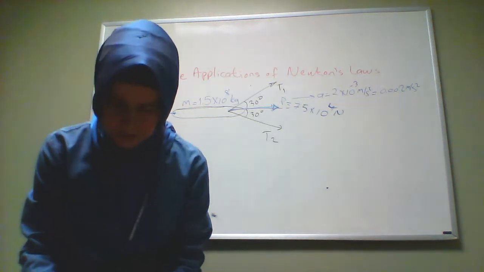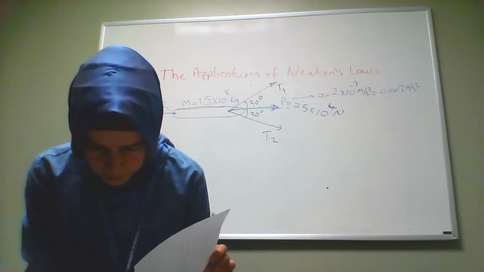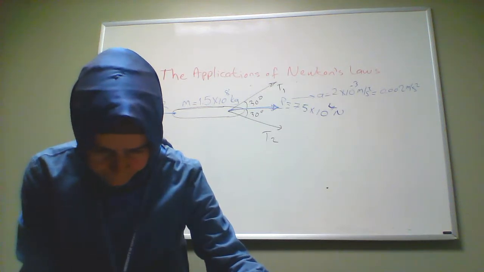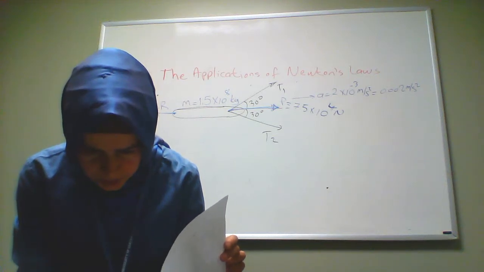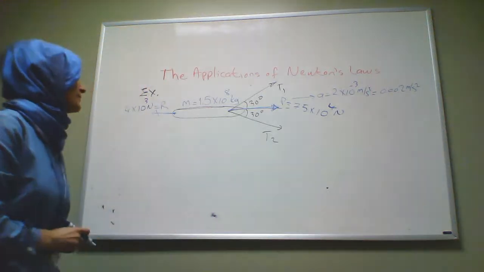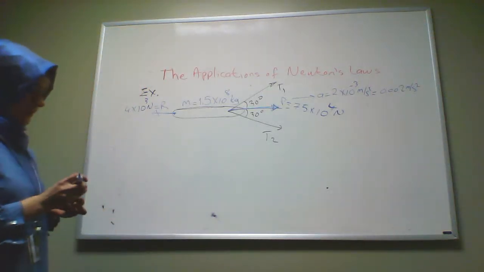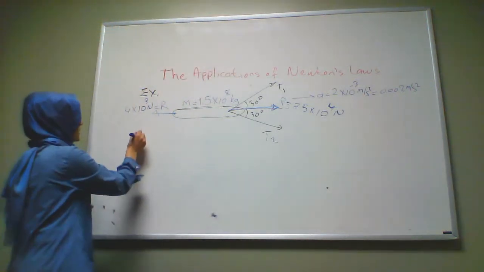Actually, I'm going to simplify this question a little bit more for you. I'm going to give you one value and ask you the other one. Well, actually, yeah, let's go as is because it teaches us something more. So it's asking us T1 and T2.